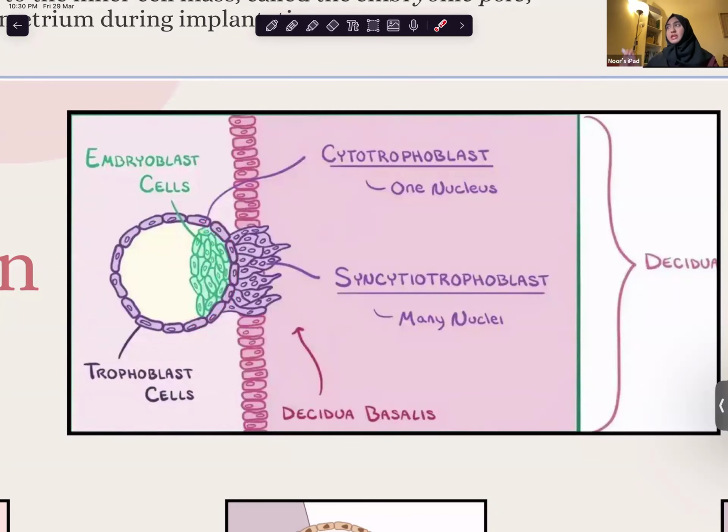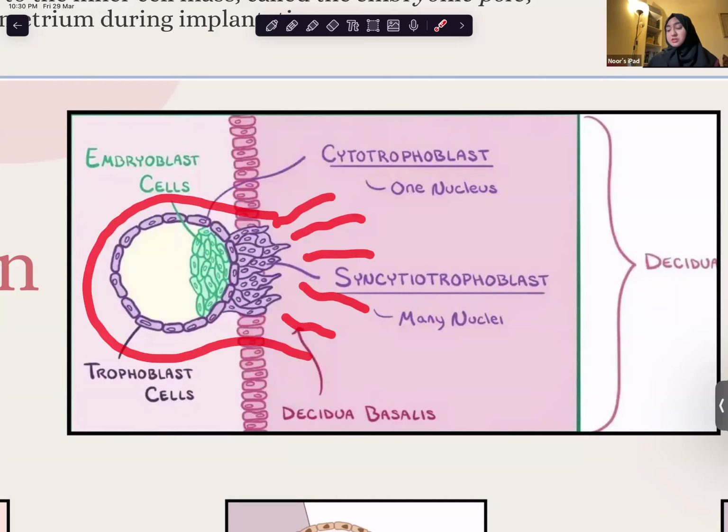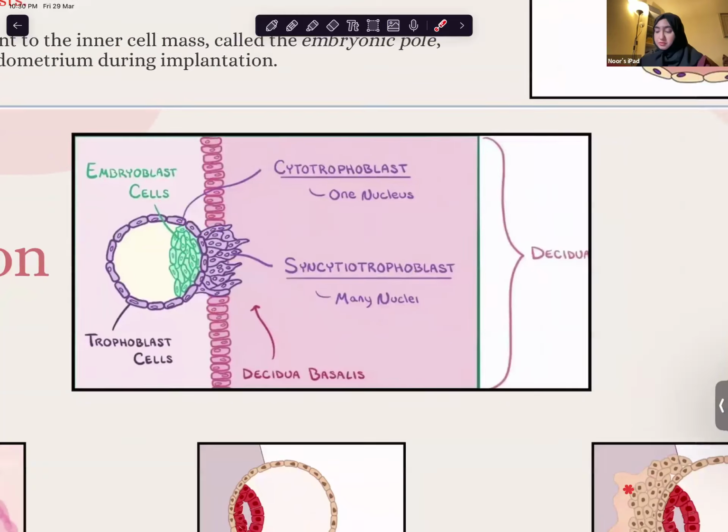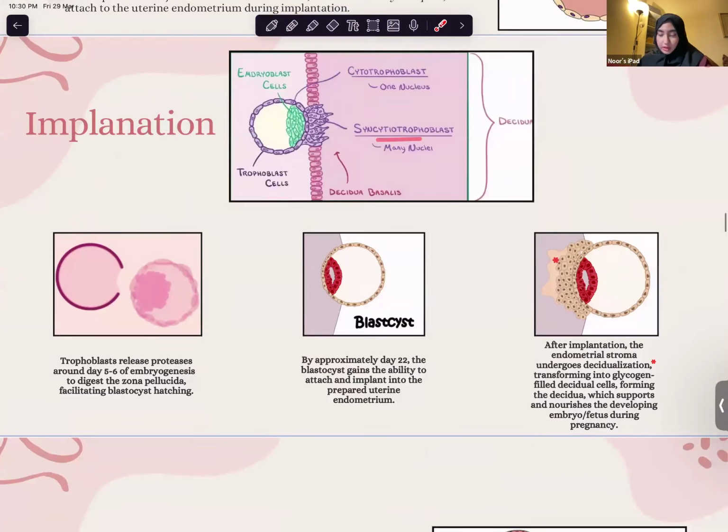When the blastocyst touches the layer of endometrium, the trophoblastic cells divide into new cells, called the syncytial trophoblast, which would try to invade the endometrium and will help the blastocyst implant. Just remember syncytial trophoblast here.